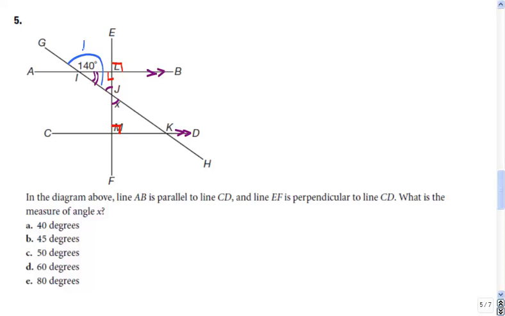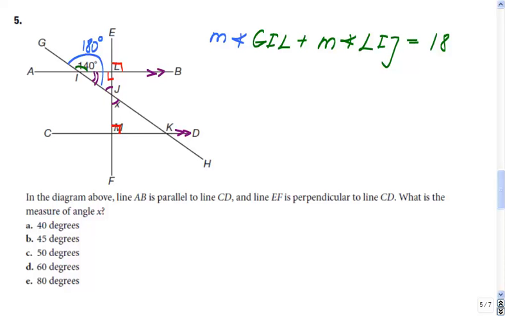So the measure of angle GIL plus the measure of angle LIJ is 180 degrees.